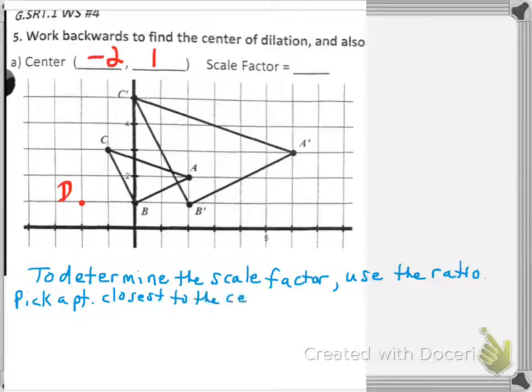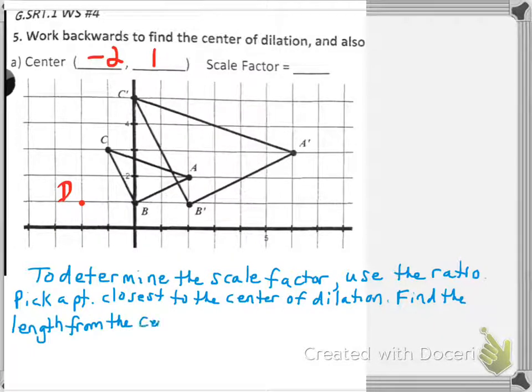The way you set it up is what goes in the top of the ratio, the numerator, is a distance in the new image, and what goes in the denominator, the bottom of that ratio, is the distance of the pre-image.